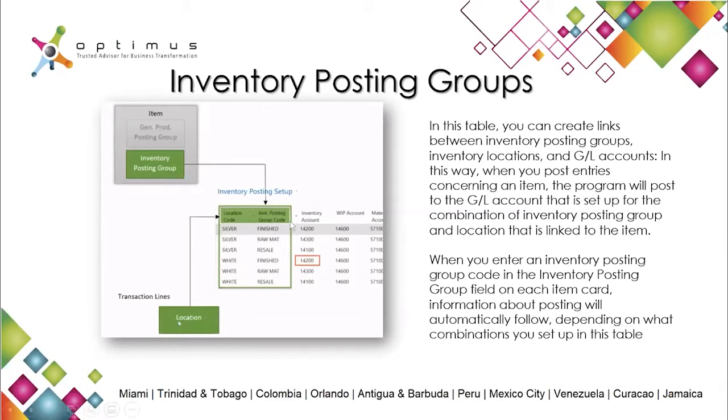But the inventory account will then be changed, and the value will be transferred from the account 14300. Whenever we finalize our manufacturing procedure, the raw material is consumed, and then we credit this account and debit the account 14200 for the finished product value.